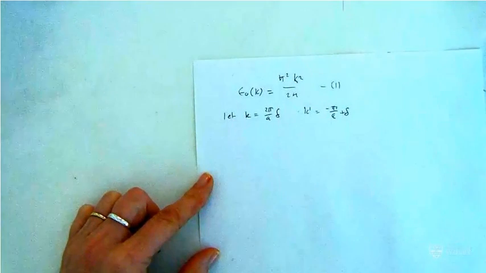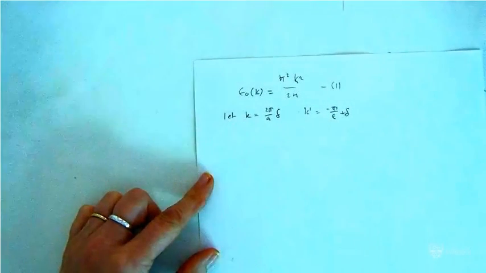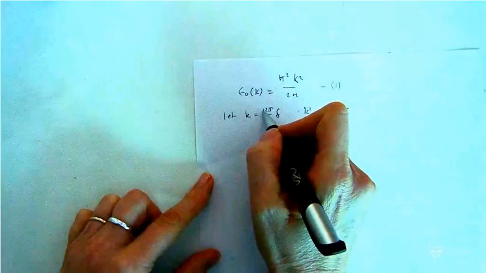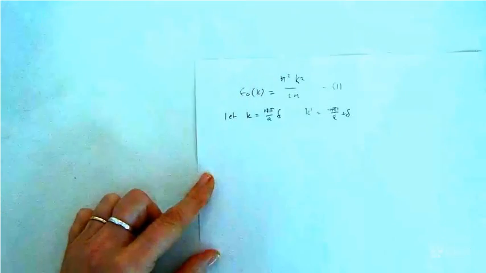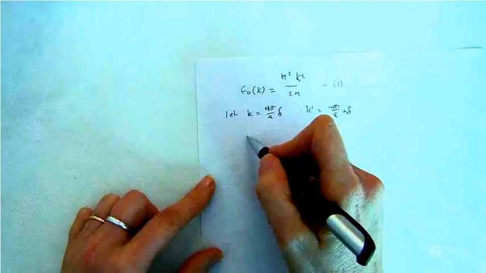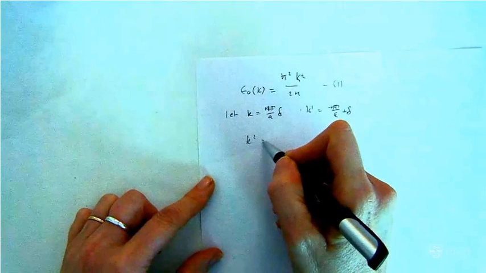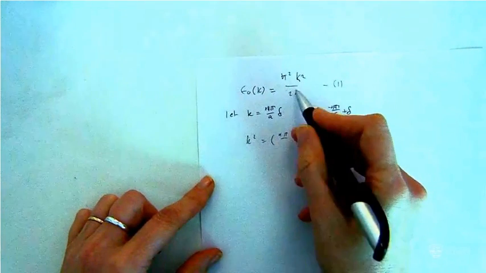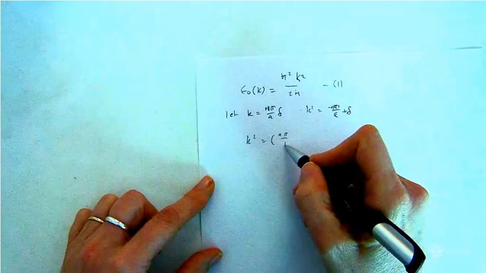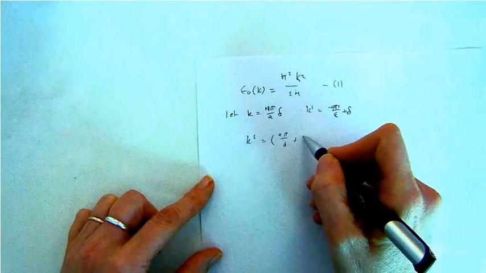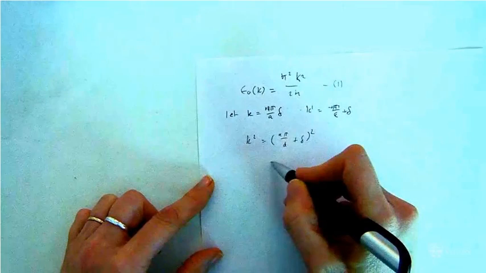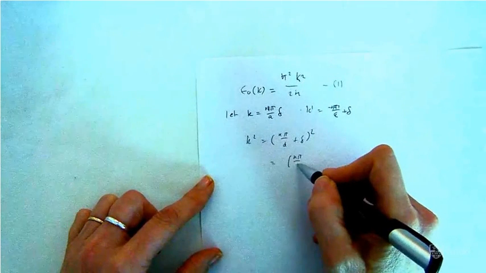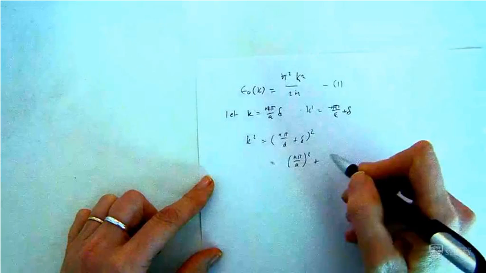Looks like they are using n pi, so doing a general case, so just put an n pi in there. Then we get k squared is equal to n pi over a plus delta all squared, just expanding that out.